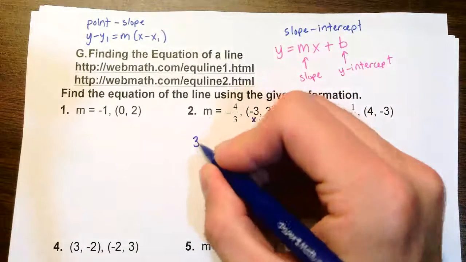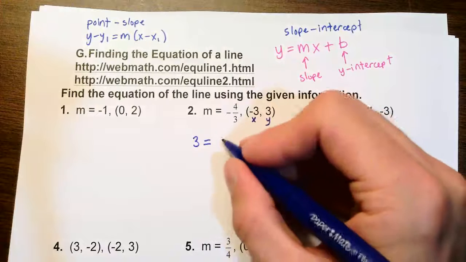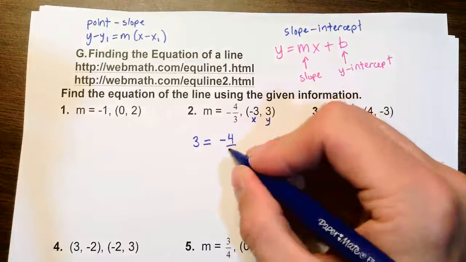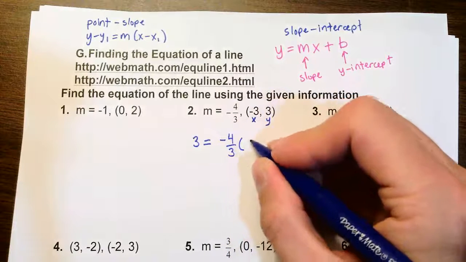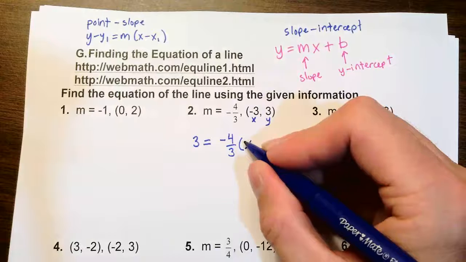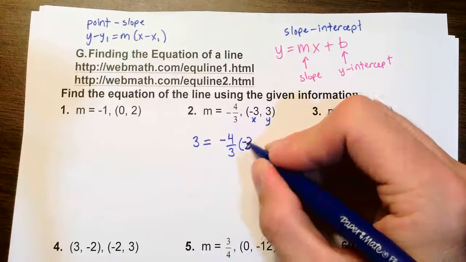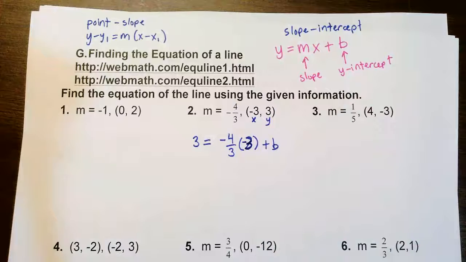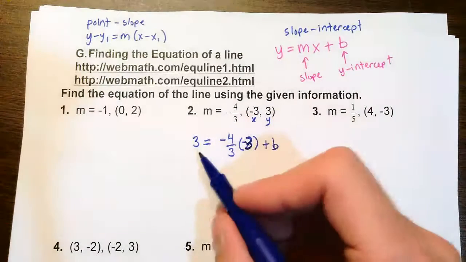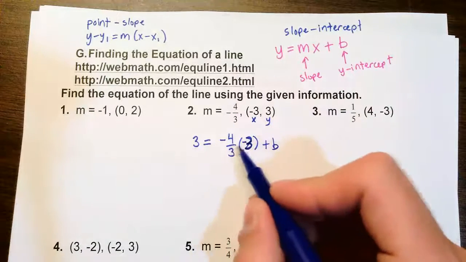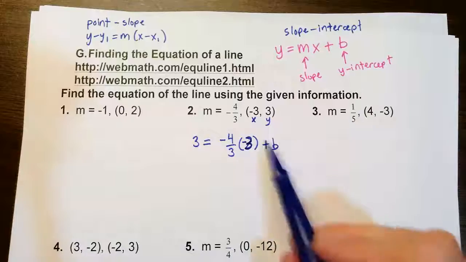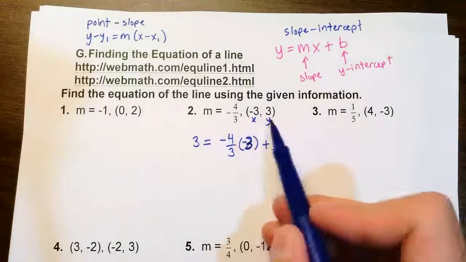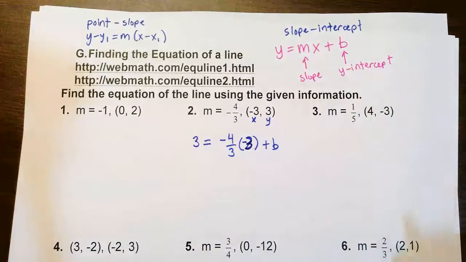So it's going to be 3 equals -4/3 times x, which is -3, plus b. So this is now in y equals mx plus b format. I've just substituted in the slope and the xy coordinate that I was given.